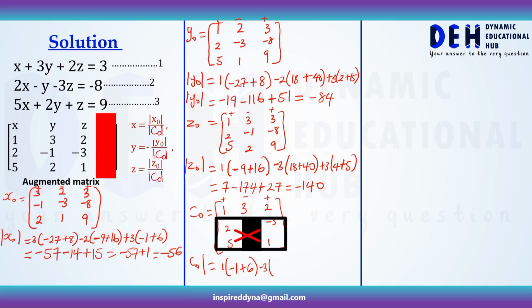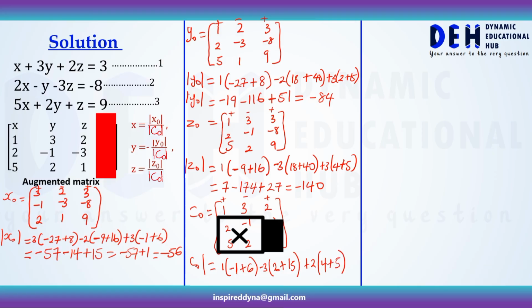You delete this column, you have 2 times 1 here, you have 2. Then because of this minus here, it becomes plus, that's plus 3 times 5, you have 15, have it close. Finally, you have plus 2, you open bracket, so 2 times 2 here, you have 4. Because of this minus, it becomes plus. Okay, that's plus 1 times 5, plus 5.